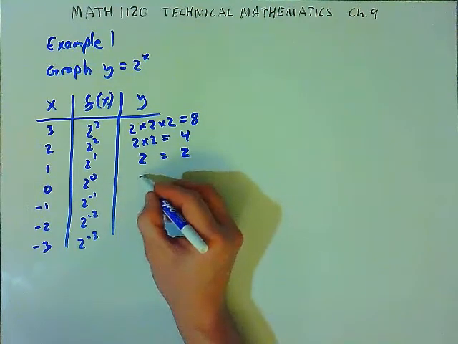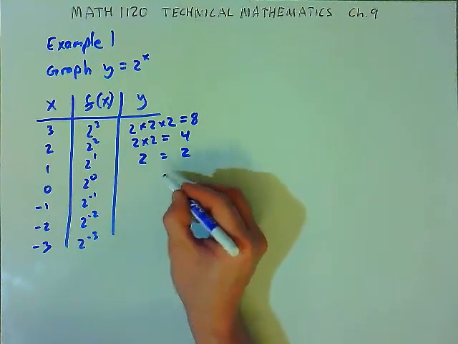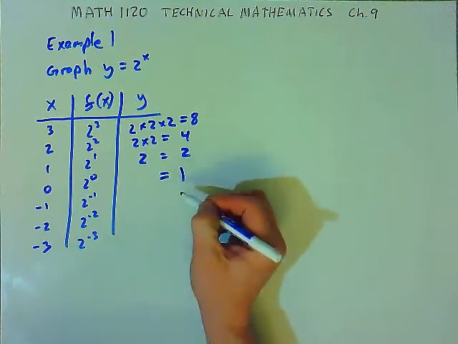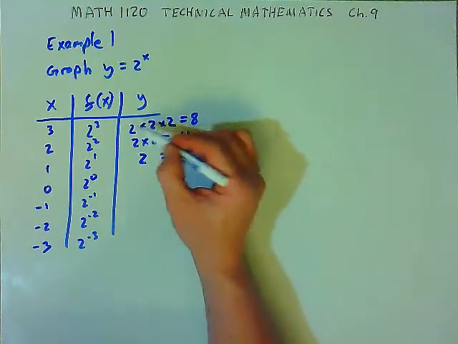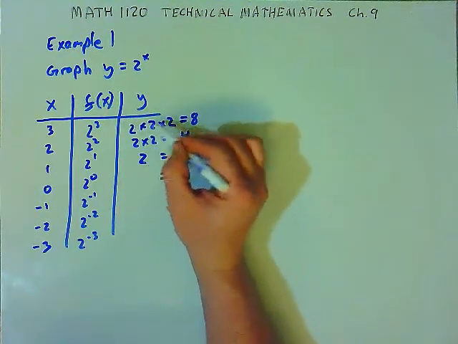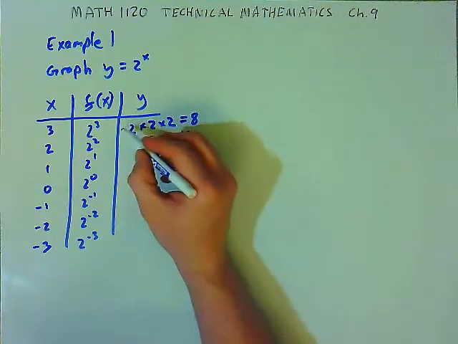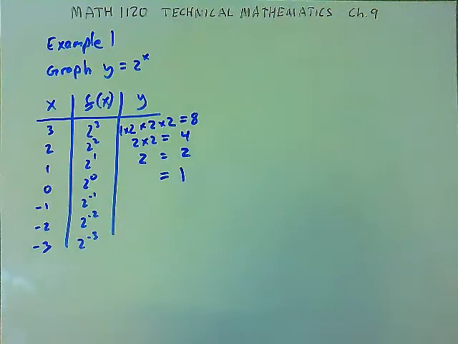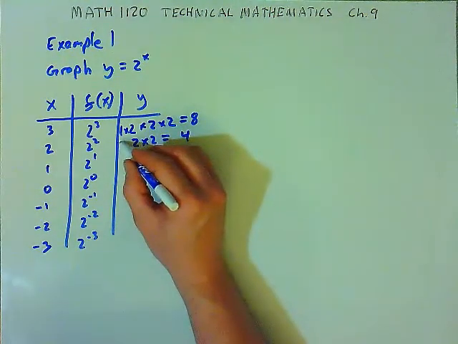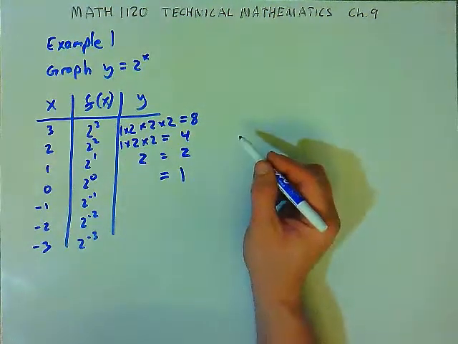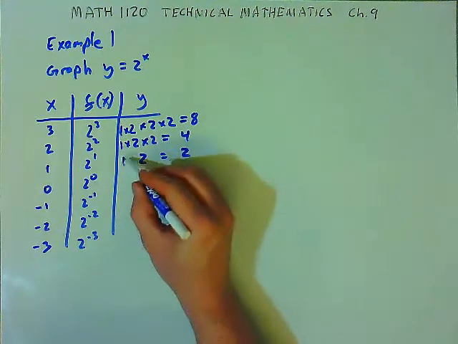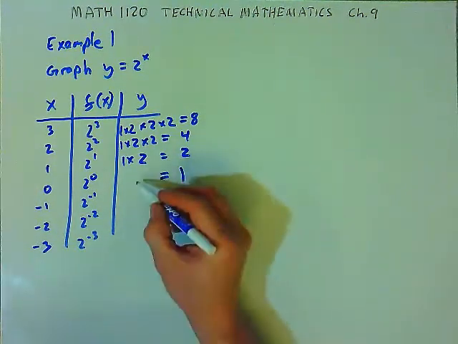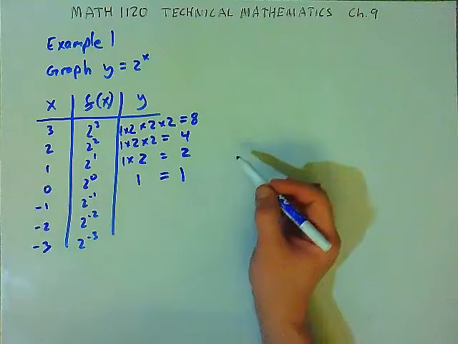And when x is 0, we're going to have 1. Let's see why that is. Well, if 2 to the third is 2 times 2 times 2, which is 8, it wouldn't make any difference if I put 1 times 2 times 2 times 2. I would still get 8. And it wouldn't make any difference if I put 1 times here. 1 times 2 times 2 is still 4. 1 times 2 is still 2. And 1 is just equal to 1. And so look at the pattern.